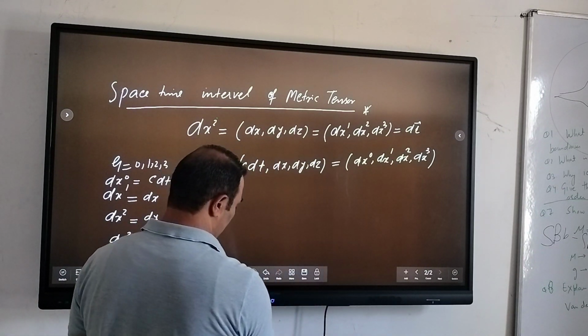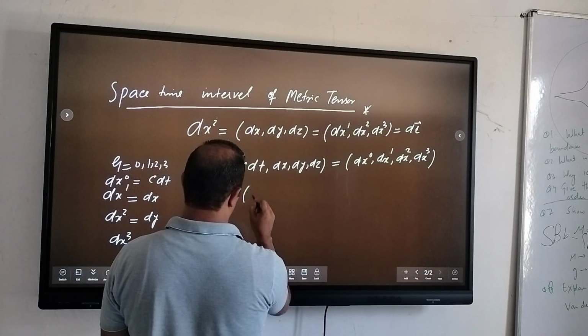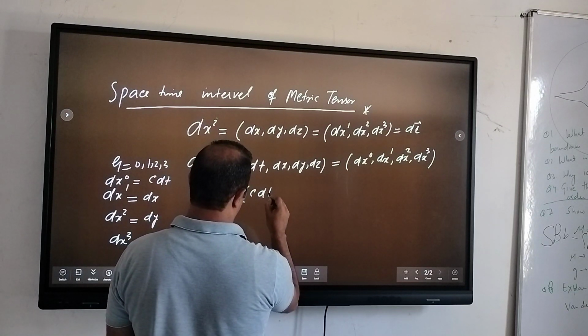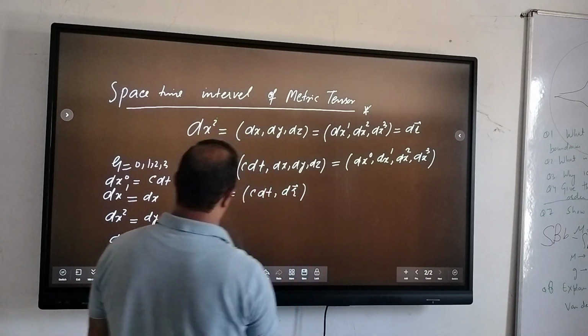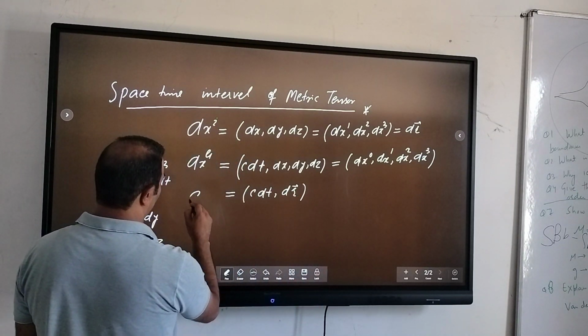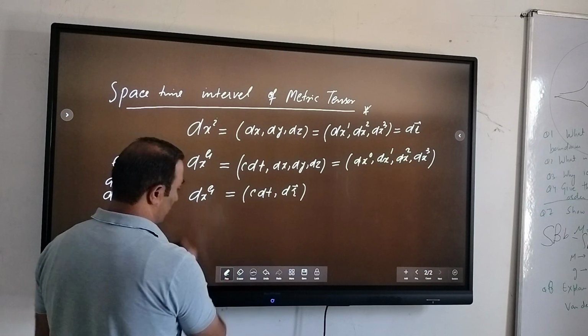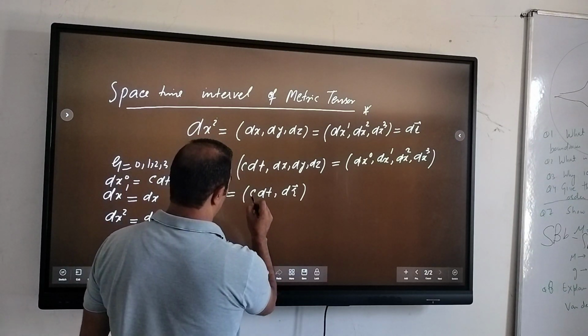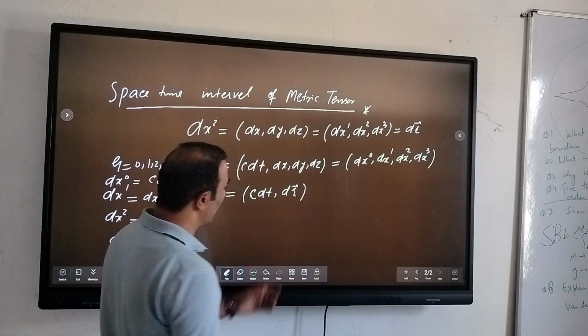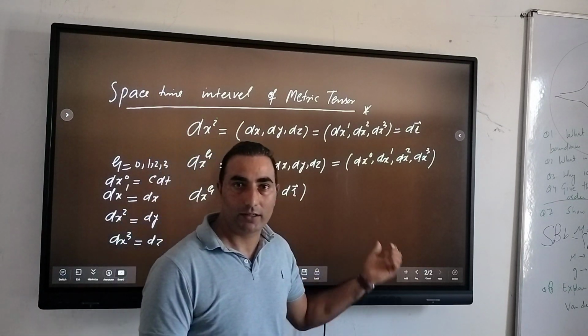You can write this as the four components: the first corresponds to the time component, and the others are the space components x, y, and z.